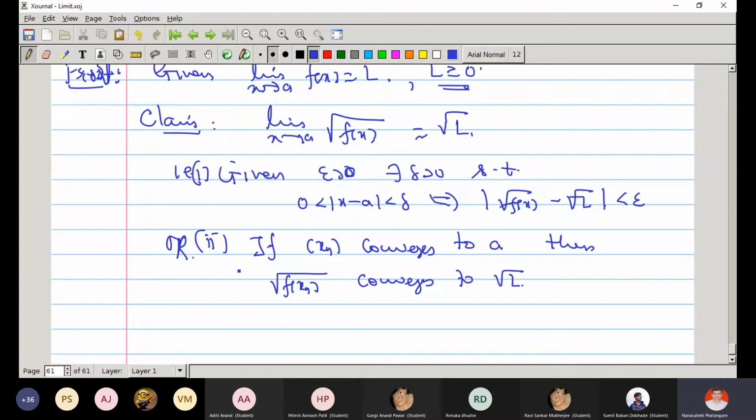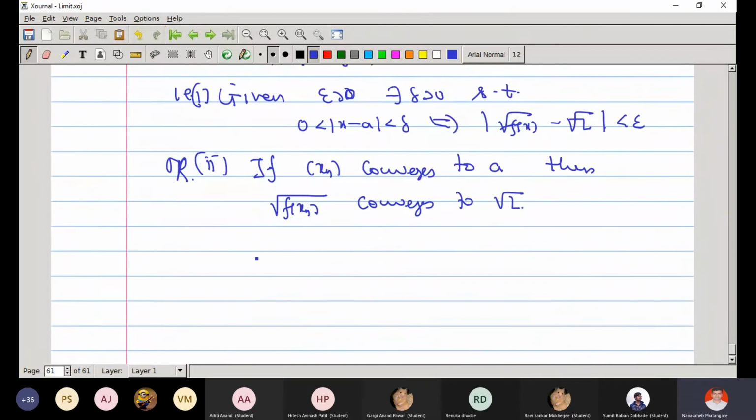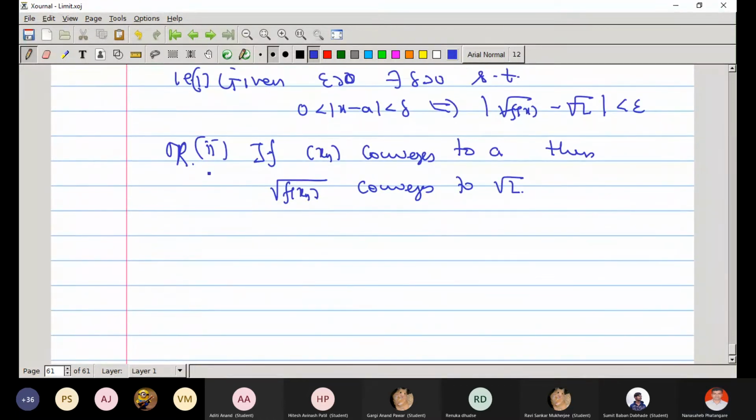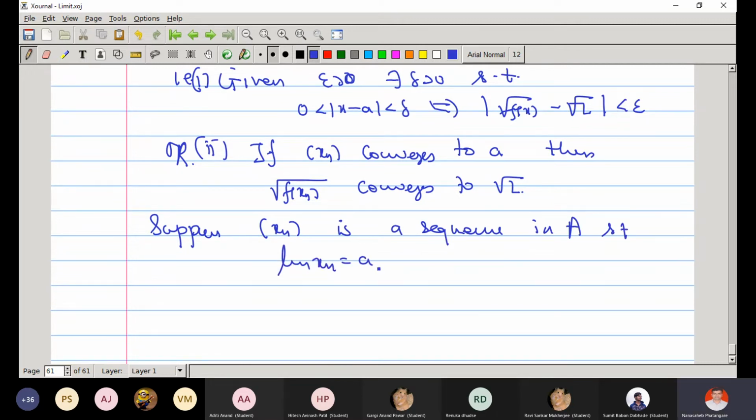Yes, sir. Right. So which way is convenient? I will prove by the second. Suppose xn is a sequence in the domain such that limit of xn is a.